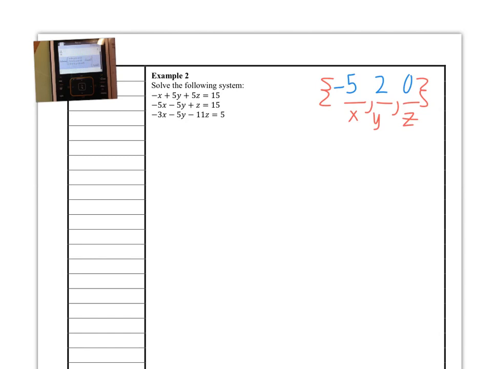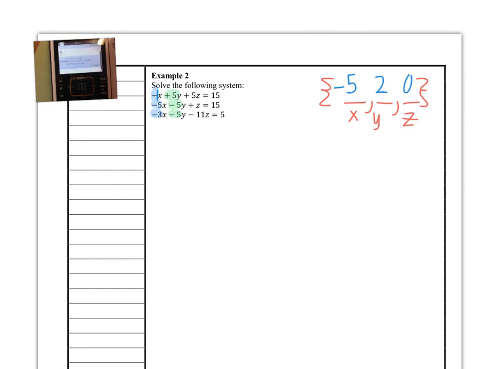So I'm going to go through and look at my x's, my y's, and my z's, and figure out which one's going to be easiest to eliminate. When I look at my x's, we have a negative 1, a negative 5, and a negative 3. They're not the same numbers, and they are not opposite signs, so that's probably not easiest. For y's, we have a positive 5y, a negative 5, and a negative 5.